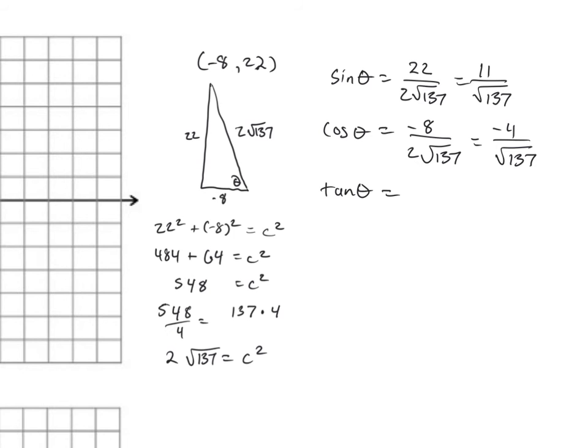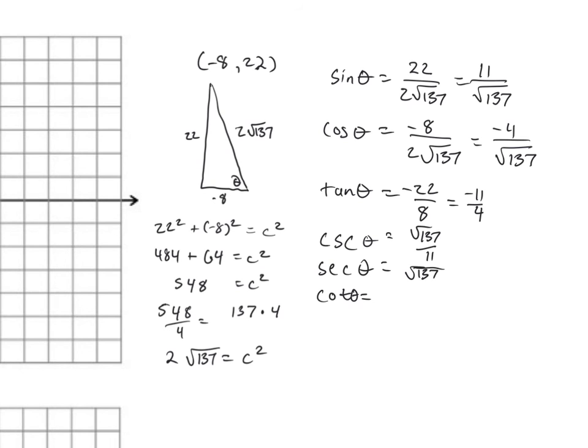Tangent of theta is 22 over negative 8, so negative 22 over 8 reduces to negative 11 over 4. And now the inverses are just the inverse of everything that we already found. So I'm just going to invert everything else. And there we go. That's how we find that.